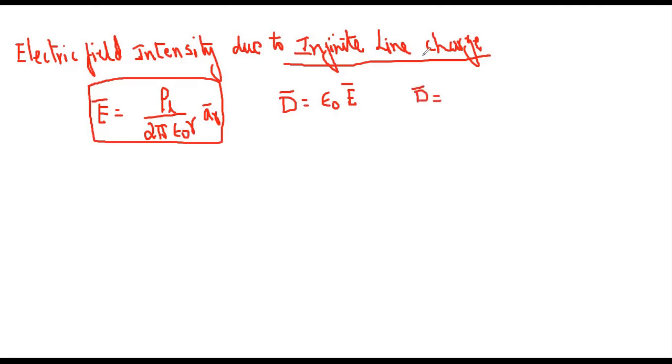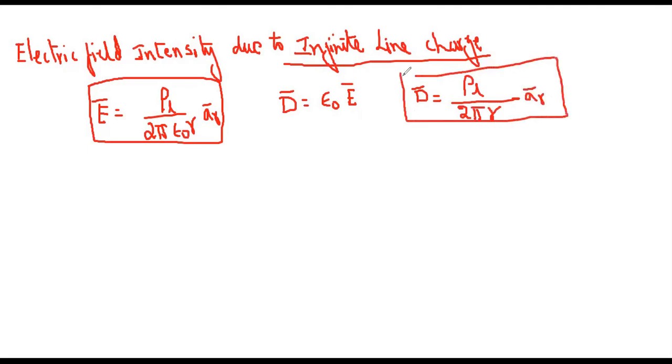Electric flux density due to the infinite line charge, D bar is equal to rho L by, without epsilon, 2 pi R into AR bar. Electric flux and the electric field, both we got it, my dear students.